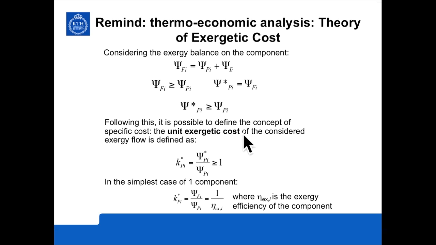The unit exergetic cost of the considered exergy flow is defined as k*_P, and it is equal to the exergetic cost of the flow ψ*_P divided by the exergy content of the flow itself, ψ_P. Because, as you remember, the exergetic cost ψ*_P is higher than the exergy flow ψ_P, the unit exergetic cost k*_P of a product flow of a component is higher than 1. So it increases.